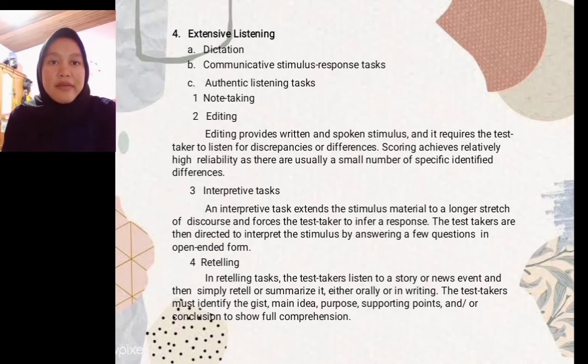And editing provides written and spoken stimulus, and it requires the test taker to listen for discrepancies or differences, scoring achieves relatively high reliability as there is usually a small number of specific identified differences.